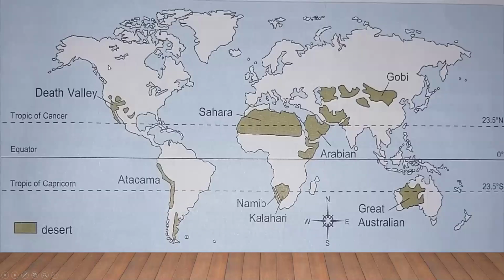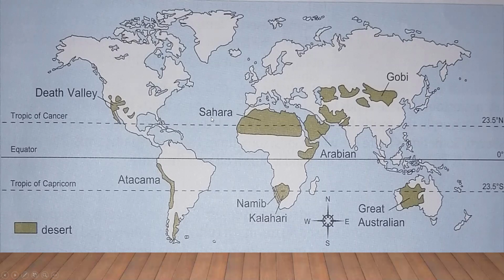This is the map of the world, as we have said, in both hemispheres. This is the northern hemisphere and this is the southern hemisphere. In both hemispheres you can see that there are deserts which are highlighted with the color green.